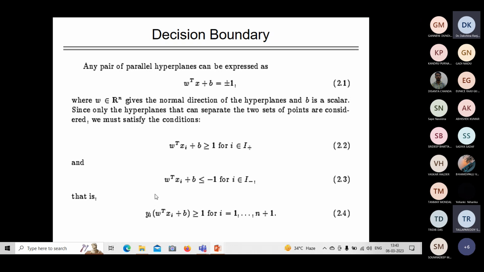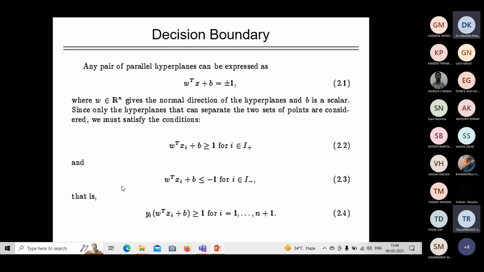Now, when you combine these two conditions, we can write yi into W transpose Xi plus B greater than or equal to 1. Why are we writing this? Since there are n patterns or n feature vectors plotted on the XY plane, that means we use n feature vectors for training the support vector machine. For n patterns we get Xi and yi.